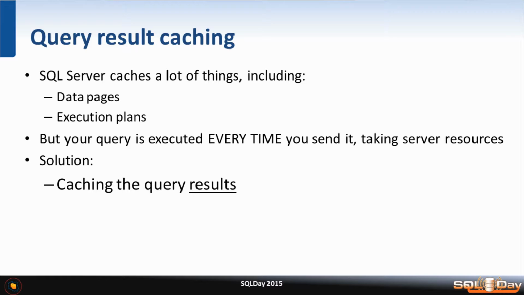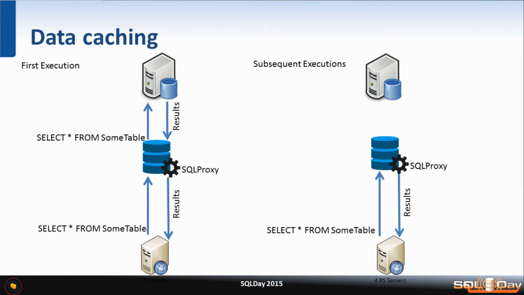And that slows you down, and that creates resource contention and resource consumption on the server. So that's not what we want. We want to cache the query results and essentially recognize the fact that, oh, it's the same query. You or maybe someone else just asked the same question 5 minutes ago. And you know what? The answer hasn't changed. Bang. Right back at you. 2 plus 2 is still 4.